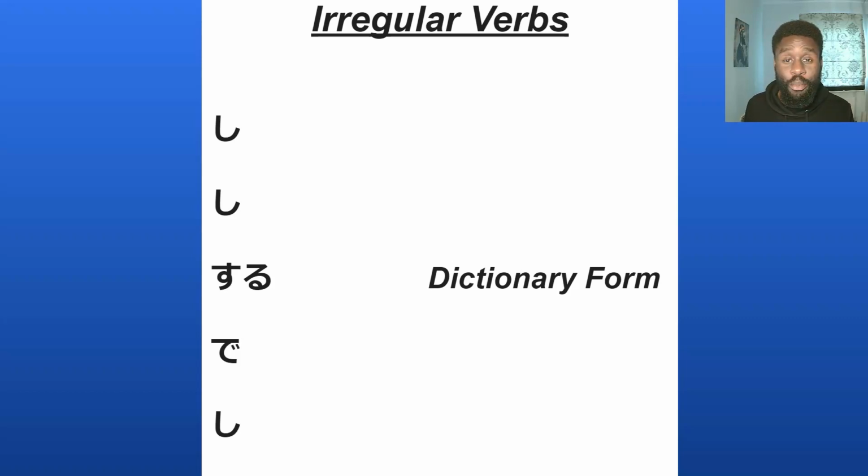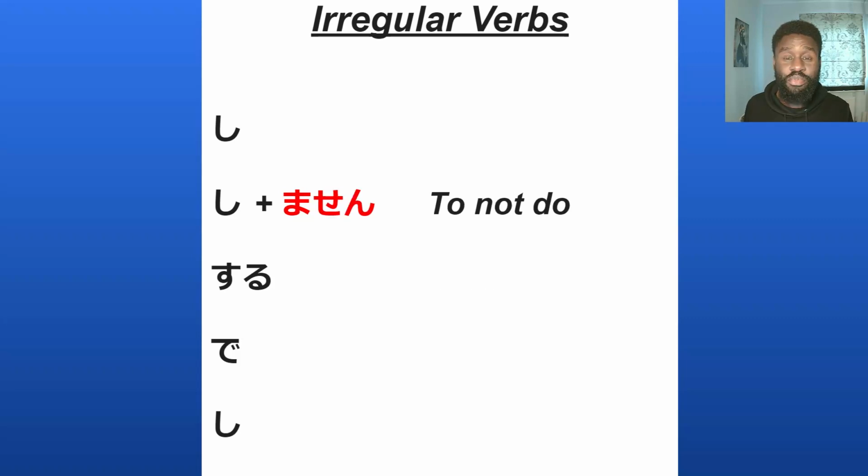To create the polite positive form, we use the second row of the verb and we add mas to make shimasu, to do. This is the polite form of the verb.